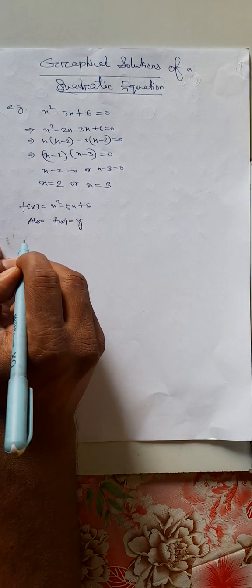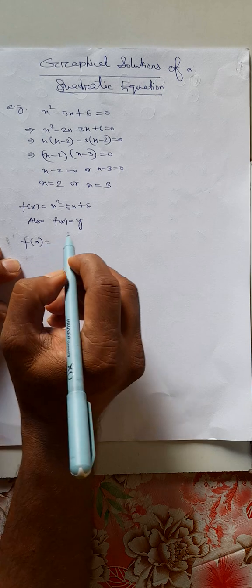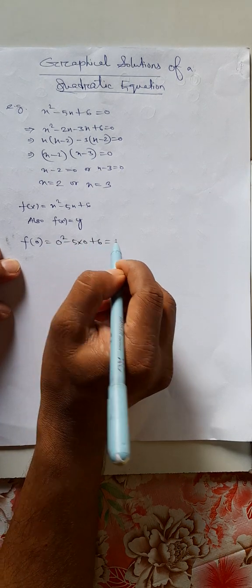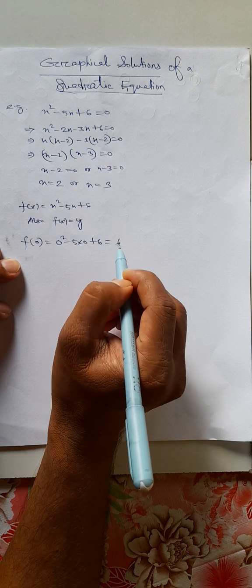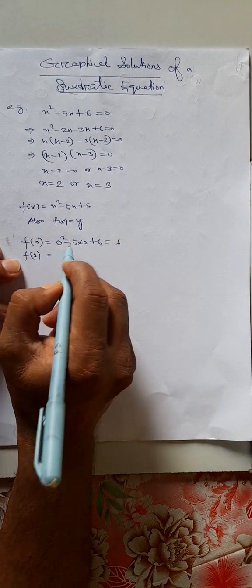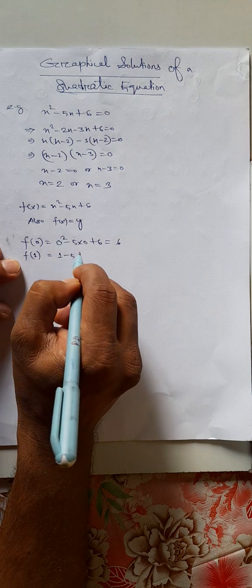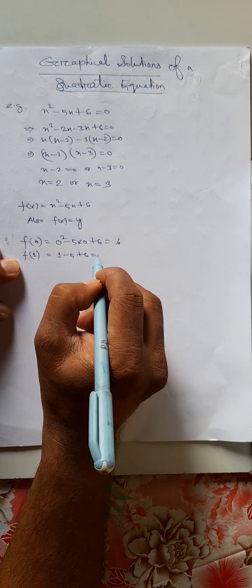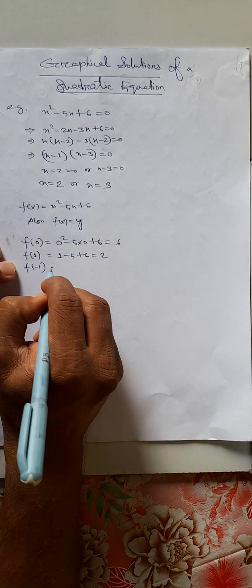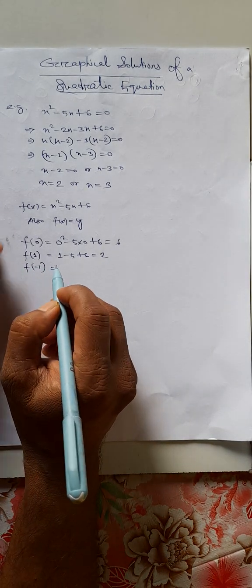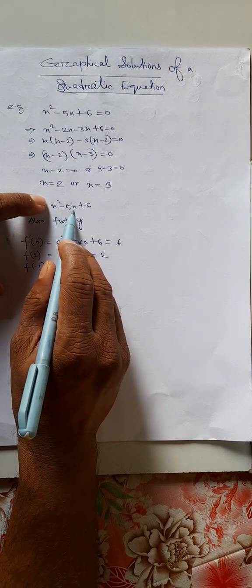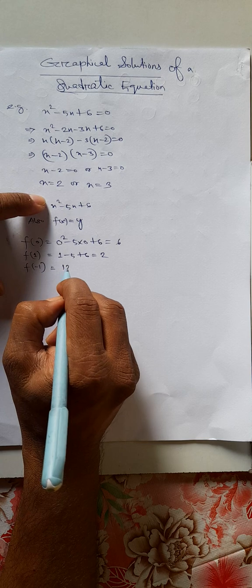Now you see, when x is 0, 0 square minus 5 into 0 plus 6 equal to 6. When x equal to 1, you get 1 minus 5 plus 6, that means 7 minus 5, 2. When x is minus 1, you get 1 plus 5 plus 6, that is 12.